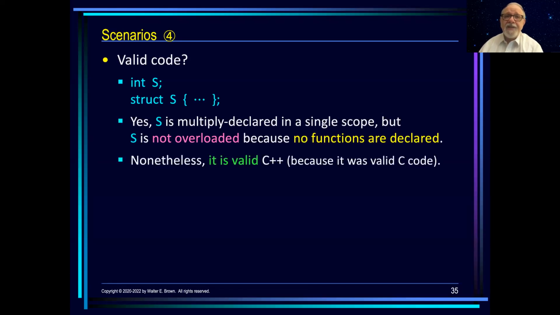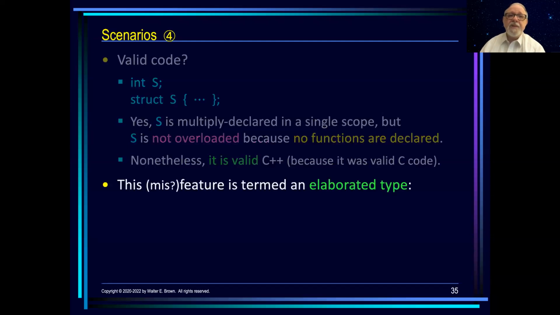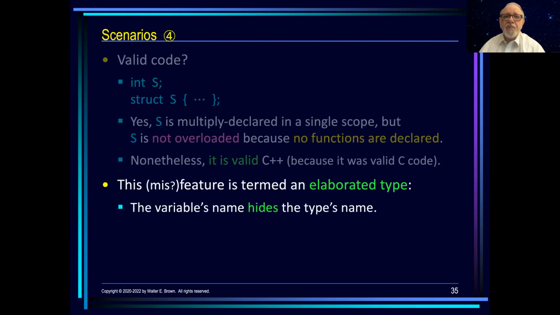But this is valid C++, mostly, I believe, for historical reasons. Specifically, this feature, which I frankly consider a misfeature, is what is termed an elaborated type. And if you've not encountered this before, the rule is that the name of the variable hides the name of the type.